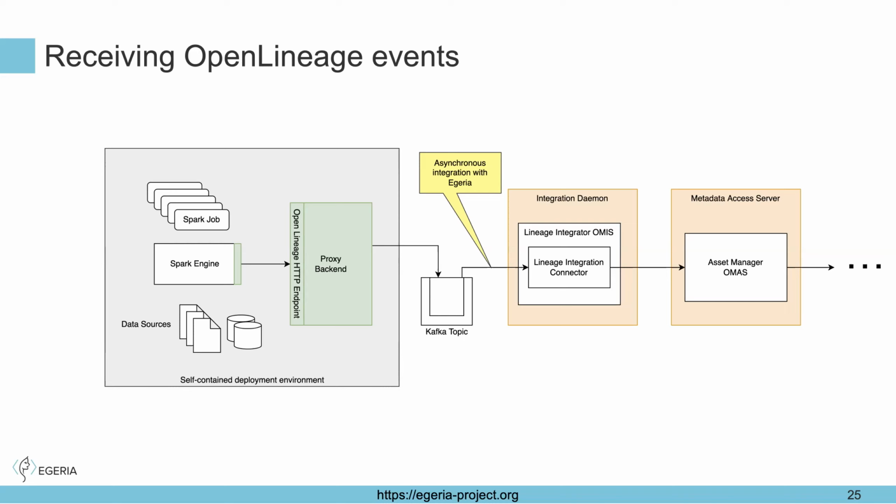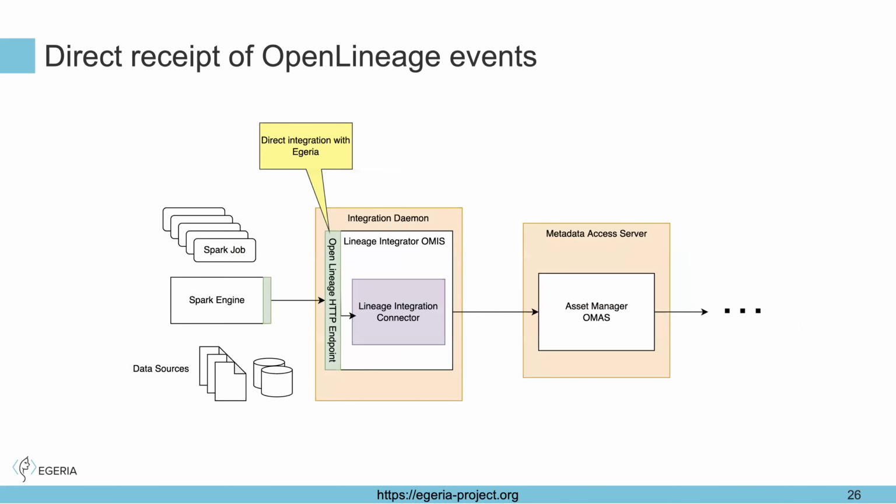Then through Kafka, we create an asynchronous integration, which reduces that runtime dependency between the two pieces. That gives us the ability to receive OpenLineage events through Kafka, and that's a fairly natural ability for any integration connector to receive events from Kafka. So there's our first integration with OpenLineage.